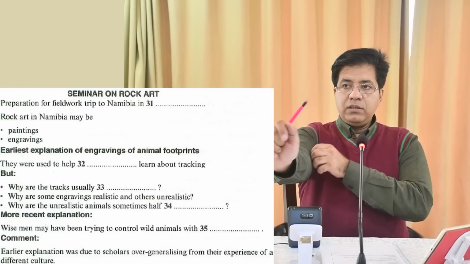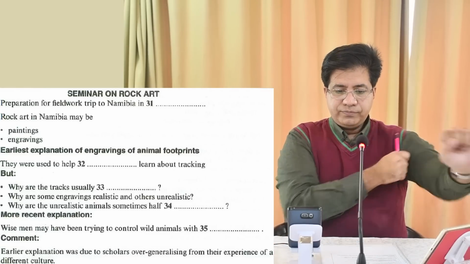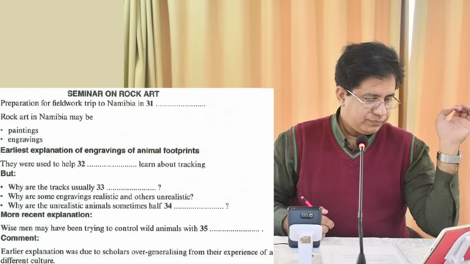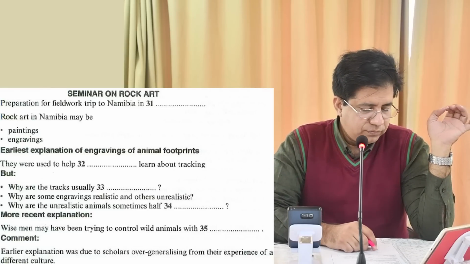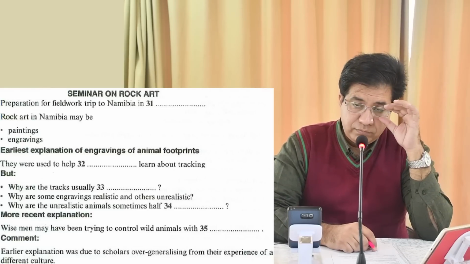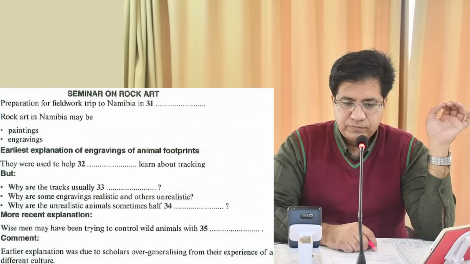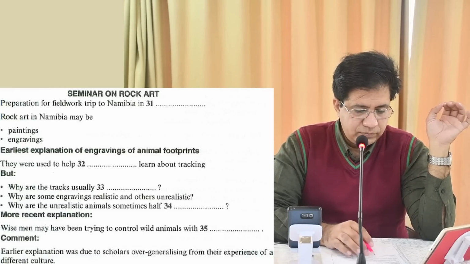I'm first going to focus on the interpretation of rock art in Namibia. We are very fortunate to be going to an area where you can find some of the most important sites in the entire world. And I hope to show you how easy it is for everyone to make mistakes in looking at cultures which are different from our own, the first and most important lesson we have to learn.